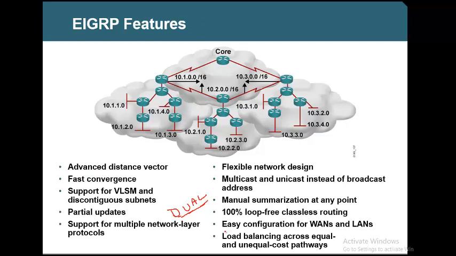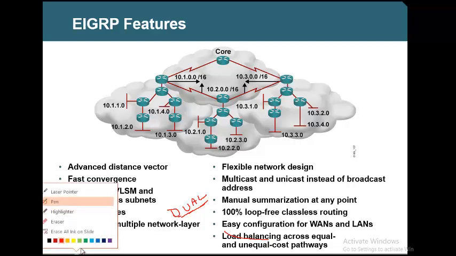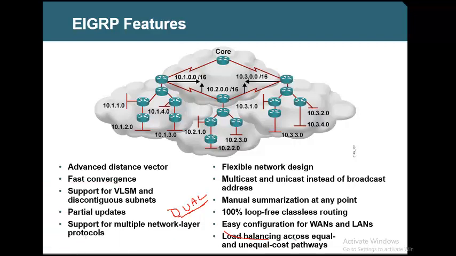Next, if you compare the LAN configuration and WAN configuration, it's more or less the same. There's no big difference. Easy. See, whenever we speak about WAN, we don't trust WAN. LAN is your own network.